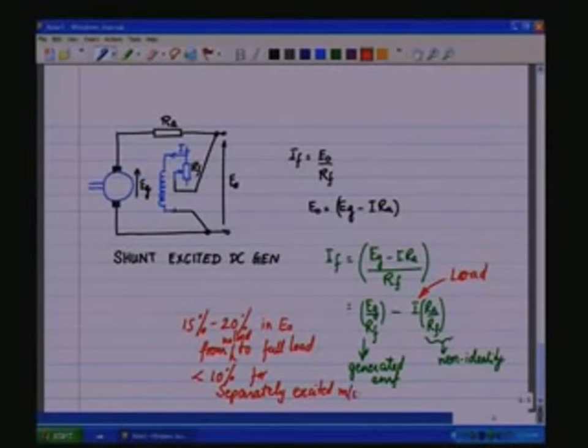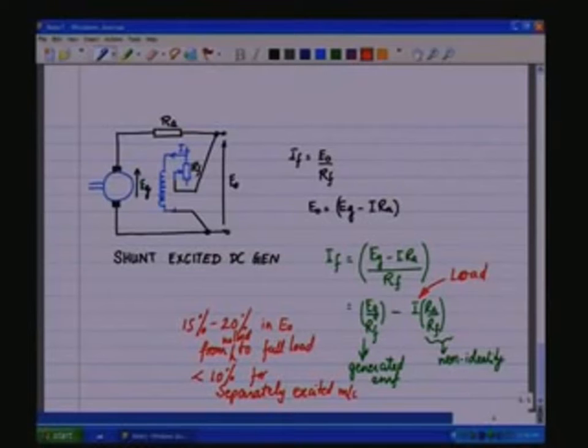This is because in the case of separately excited machine, the excitation voltage is constant and therefore, IF is constant independent of the load, and therefore, that is not going to cause further fluctuation in Eg, whereas here there is a bootstrap effect: change in the load, I is going to affect IF, which is going to affect Eg, which is going to affect E naught, and therefore, IF. This will cause a much poorer regulation.